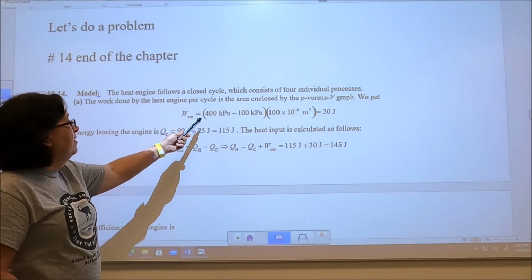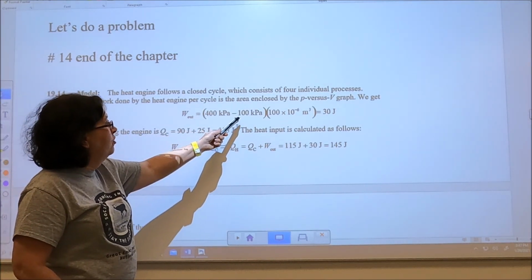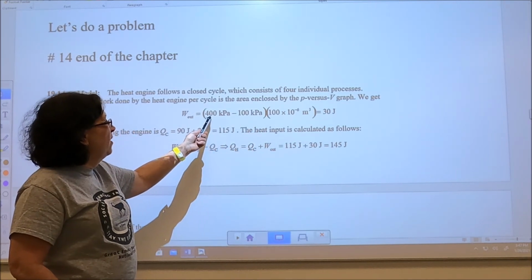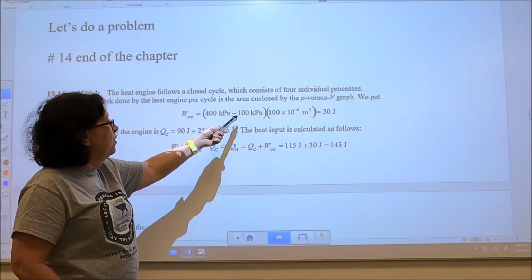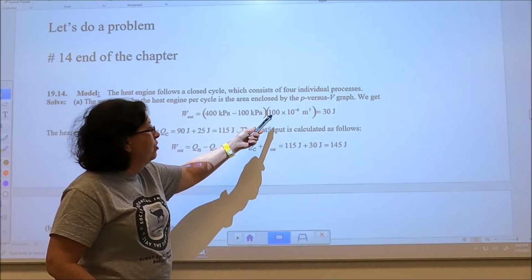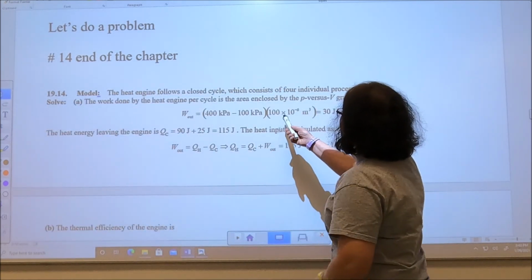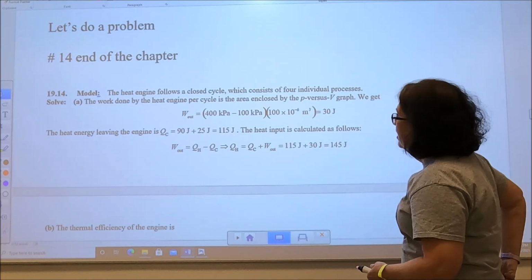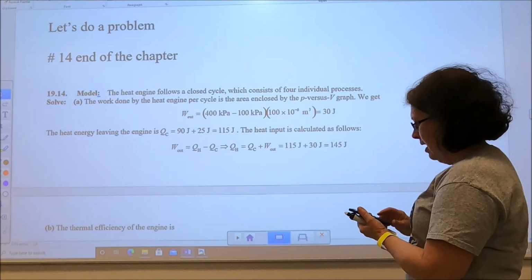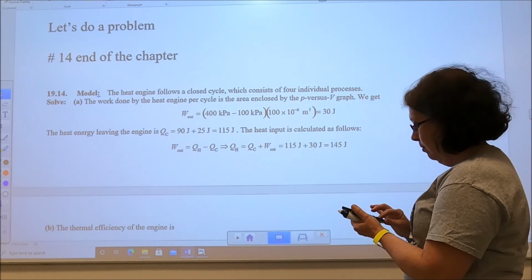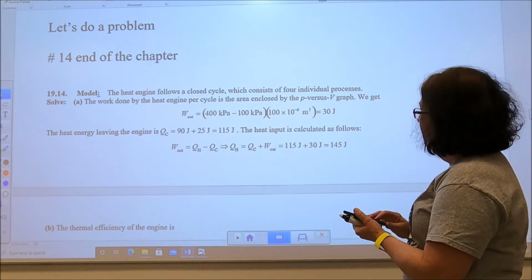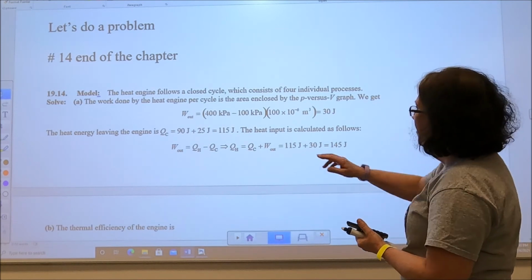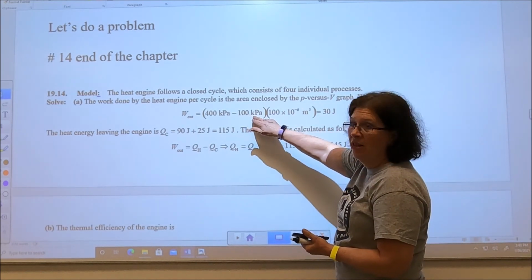So work out is equal to 400 kilopascals minus 100 kilopascals, and they really should have written that as 400 times 10 to the 3 minus 100 times 10 to the 3, times 100 times 10 to the minus 6 meters cubed, which gives you 30 joules. Yeah, they should have put times 10 to the 3 in here.